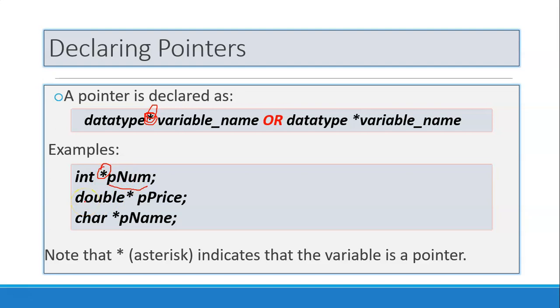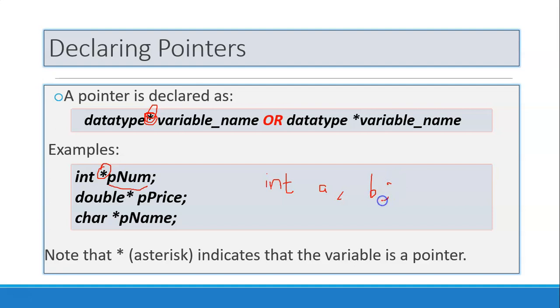But to avoid some confusion that may occur in some instances where you have two pointers on the same line of declaration, it's better to have the star as part of the name, because it shows that, okay, the first one is a pointer and the second one is a pointer. If you have something like int, and you have a and b, these are ordinary variables.